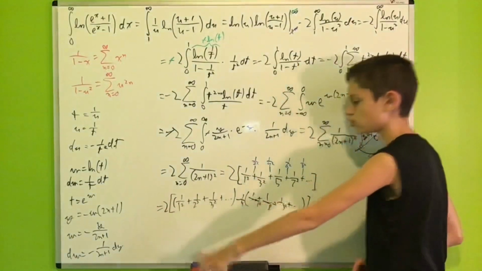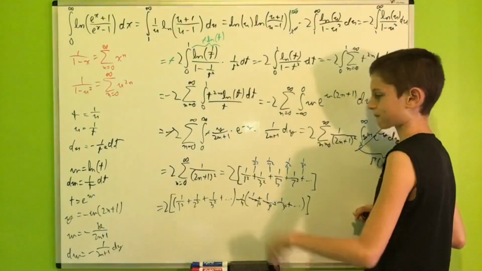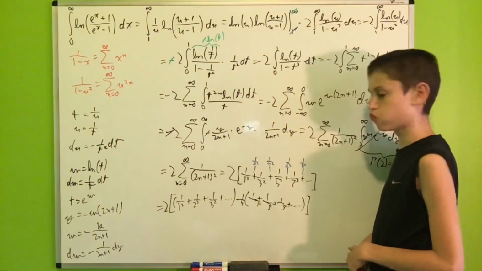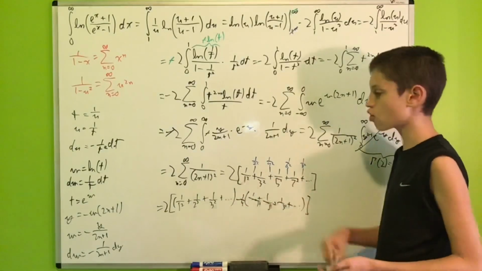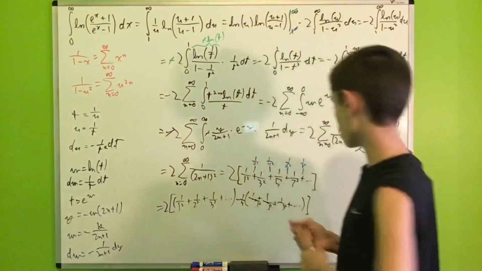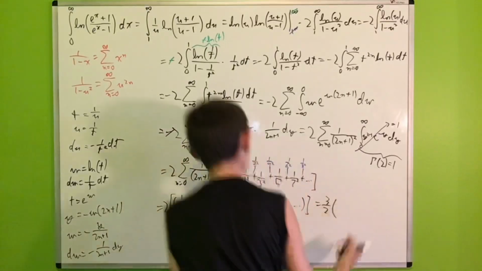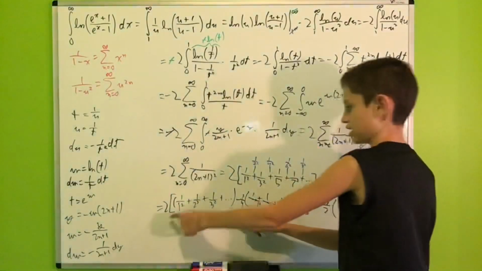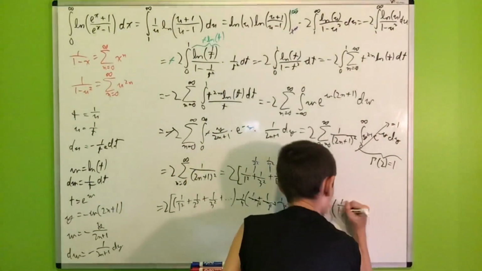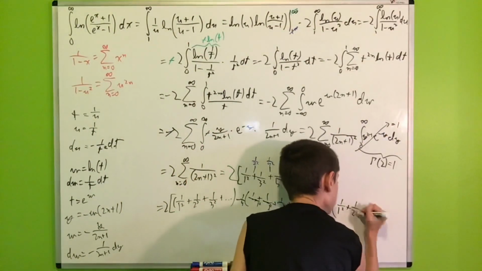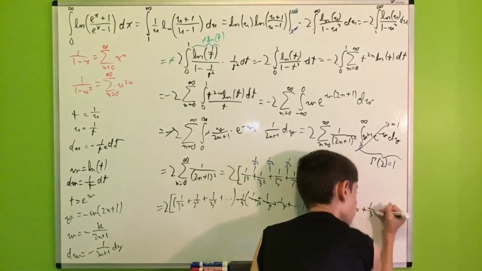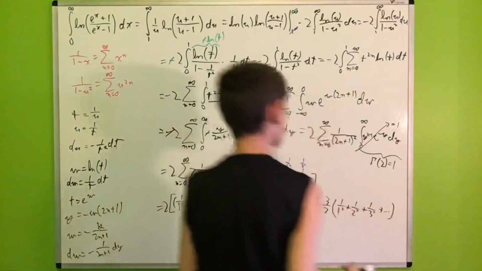So we'll have 2 times this sum times 1 minus 1/4, or 3/4. So we get 2 times 3/4, which is 3/2, times this sum right here in parentheses: 1 over 1 squared plus 1 over 2 squared plus 1 over 3 squared, and so on.